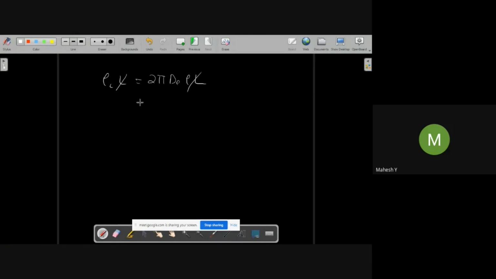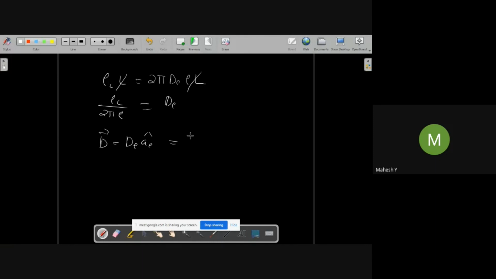If you keep D rho here, this will be rho L by 2 pi rho. So vector D is only the rho component, so I can write D rho a rho cap.